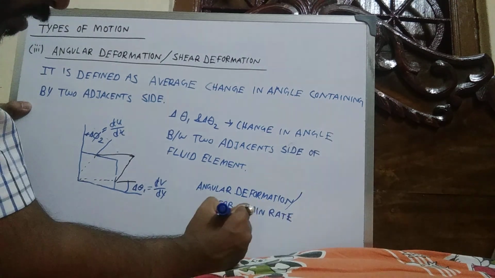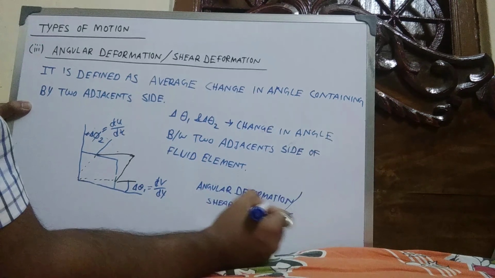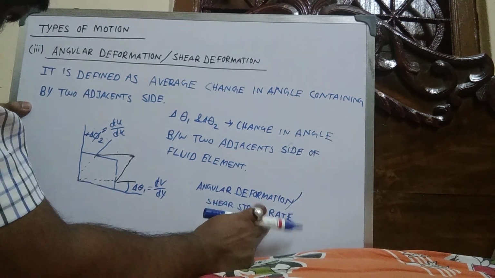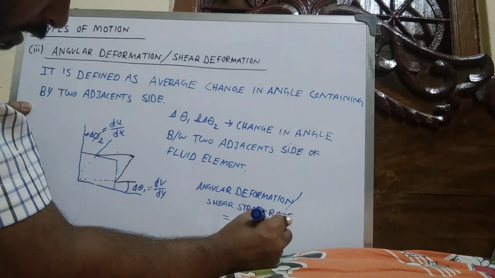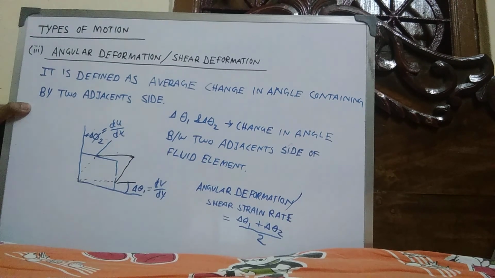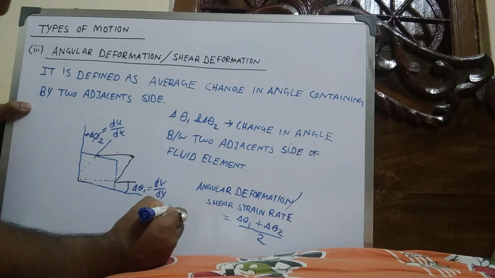This is very important. I say average change in angle, delta theta 1 plus delta theta 2 by 2. So this is the shear strain rate.